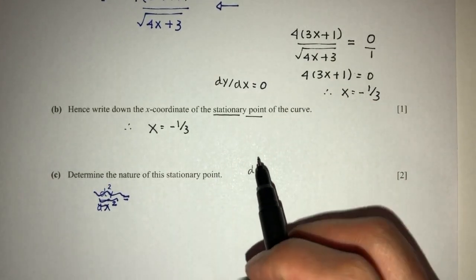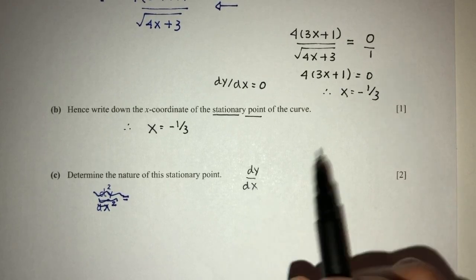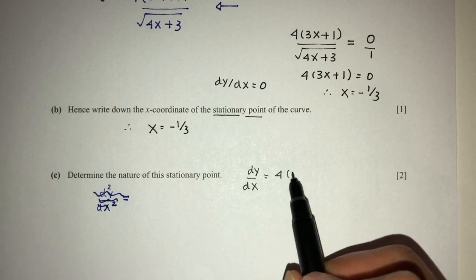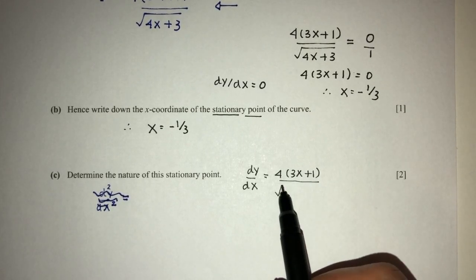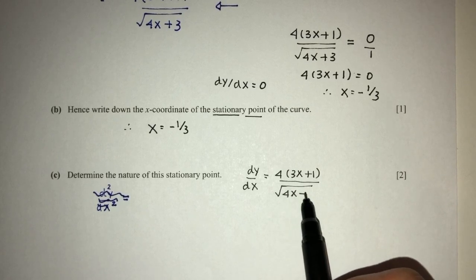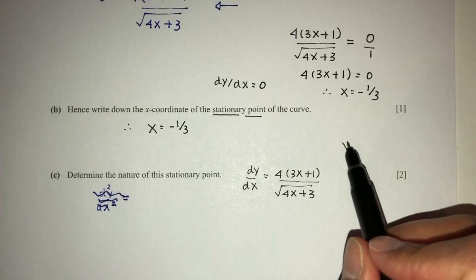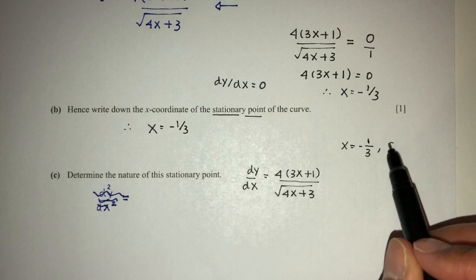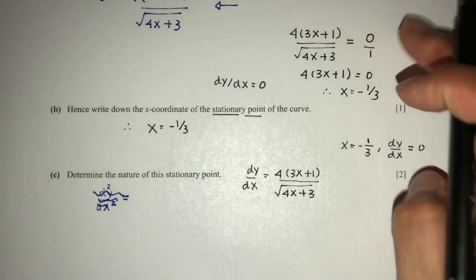So we know dy by dx is equal to 4 times 3x plus 1 over root of 4x plus 3. We know that when x equals minus 1 over 3, this will be the value of 0, because as you have seen, this is what we did here to find the value.